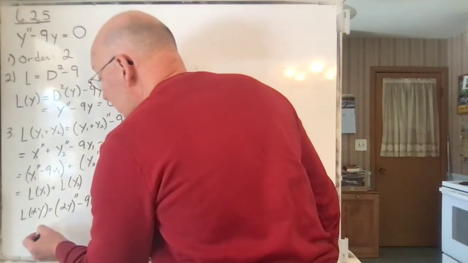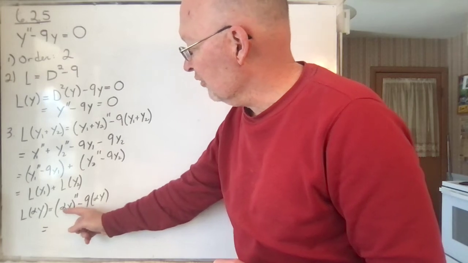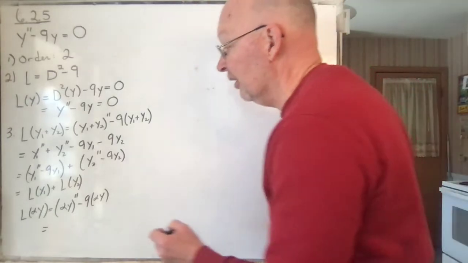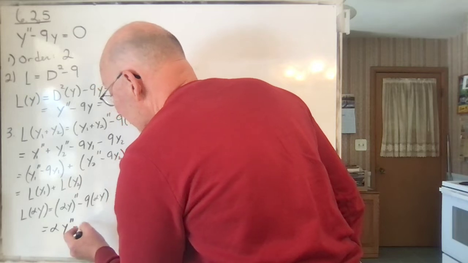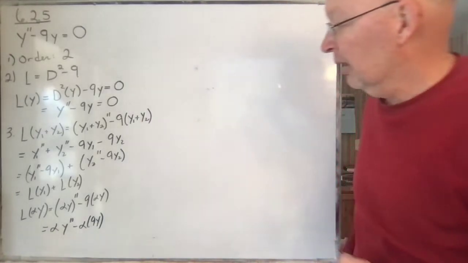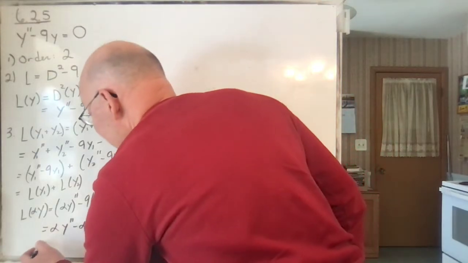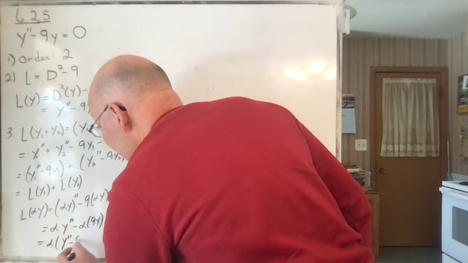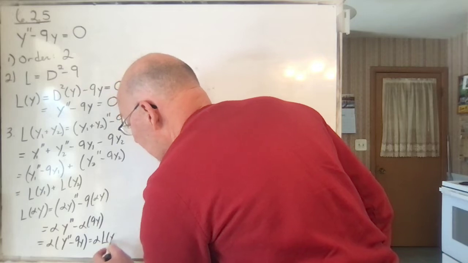But now, again, I know from calculus that if I have a constant in front of a function, that just stays there. I just take the second derivative of the function and multiply it by the constant. So this is just alpha times y double prime minus alpha times 9y. I can change the order of these two constants, 9 and alpha. And now notice that this is just alpha times y double prime minus 9y, and that's just alpha times L of y.